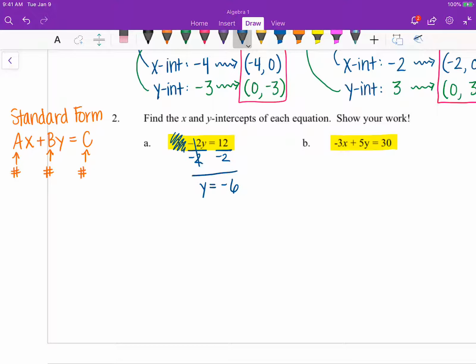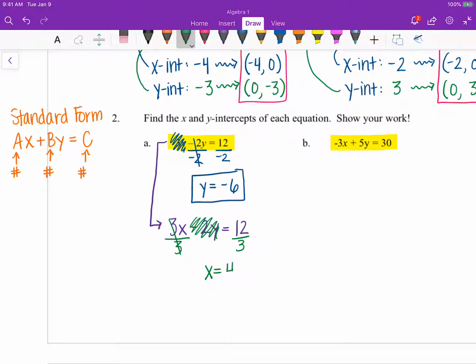So that's my y-intercept. And then if I take that same exact equation, and I'm going to switch colors here, all I'm going to do first is rewrite it, and the equation was 3x minus 2y equals 12. And this time, if I cover up the other piece of the equation, so this part right here, and then I solve the equation for x, all I would need to do is divide both sides by 3, and then I would get x equals 4.